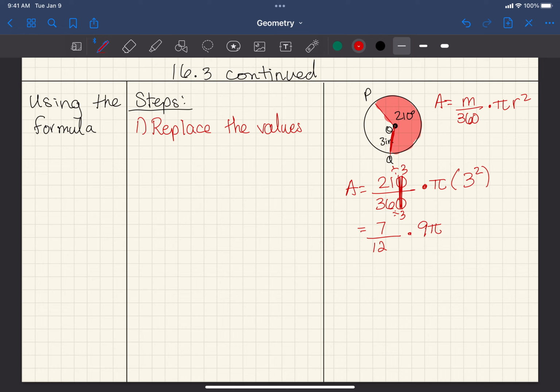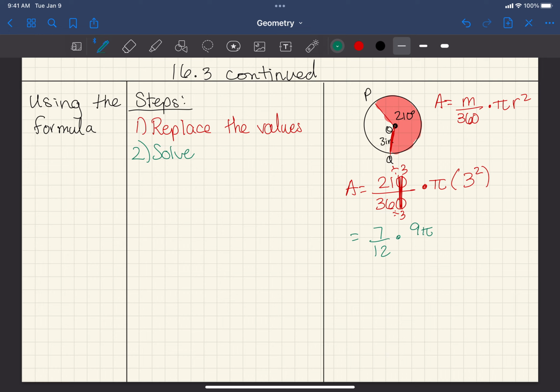What I want to do in this case, once I have 7 over 12 times 9 pi, is leave pi until the end.